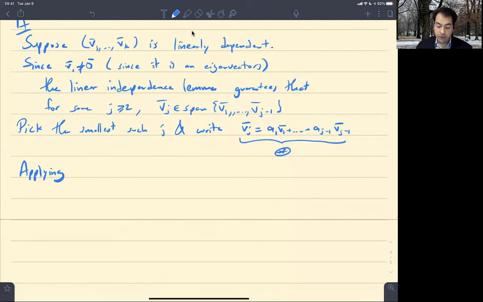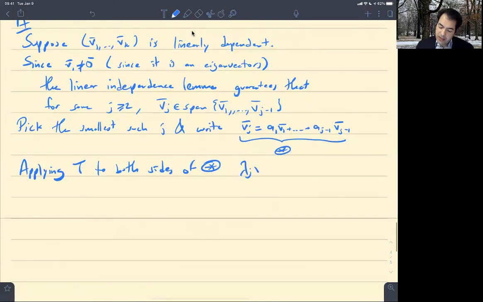So here's how we're going to do it. First, apply T to both sides of star. If you do that, then what happens? Well, T of vj is lambda j vj, because vj is an eigenvector with eigenvalue lambda j. But all of these other vectors are also eigenvectors, with different eigenvalues.